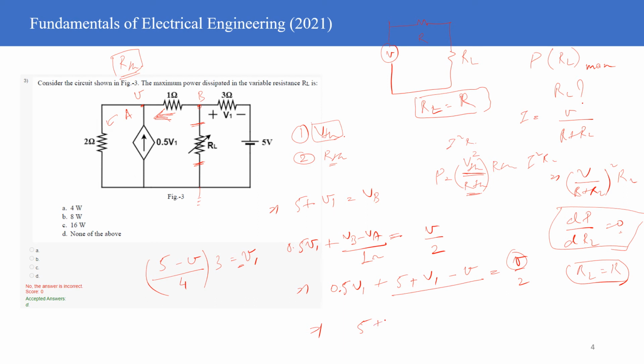So I have 5 plus 1.5 V1 minus V, and V is nothing but minus 4 V1 by 3 plus 5, and whole minus sign.